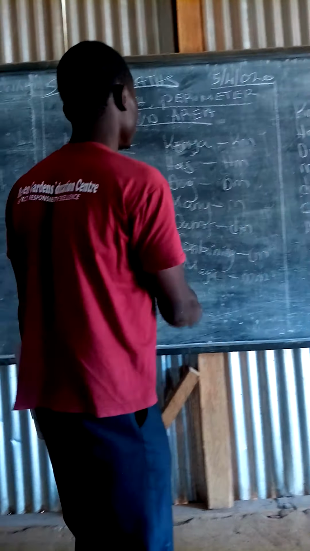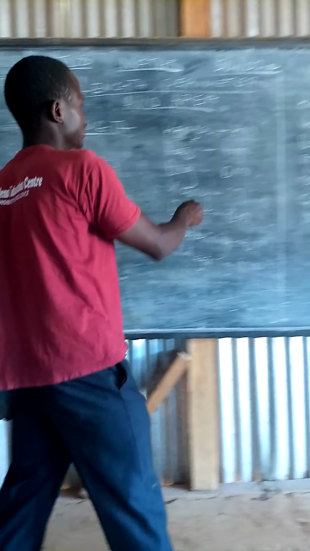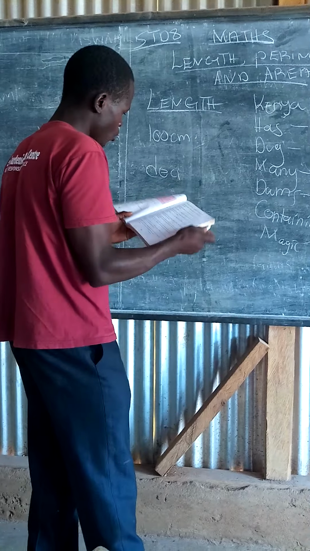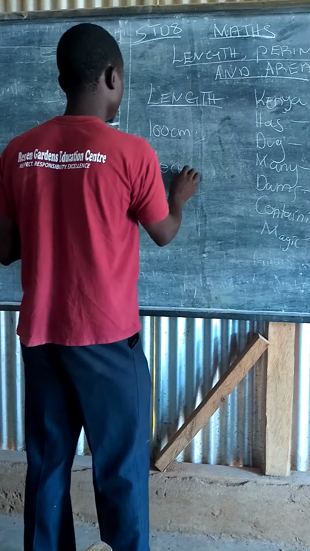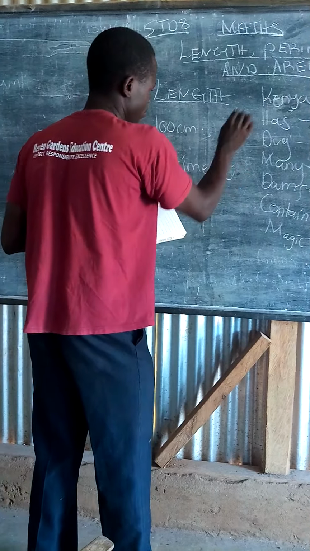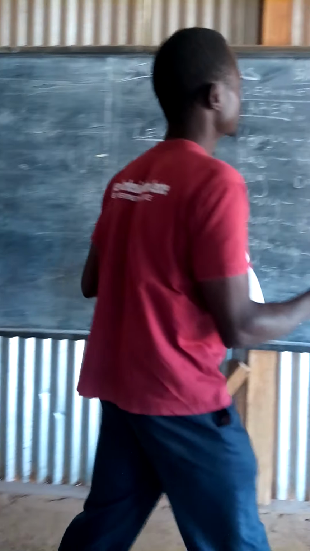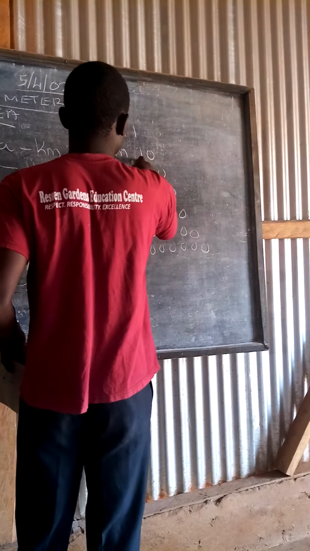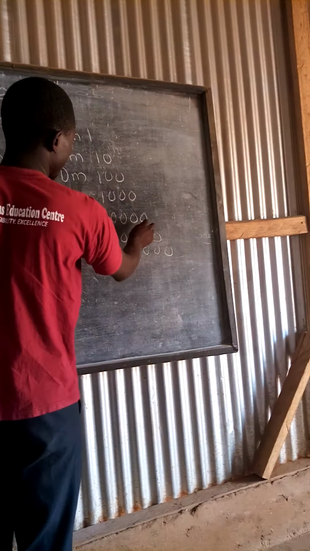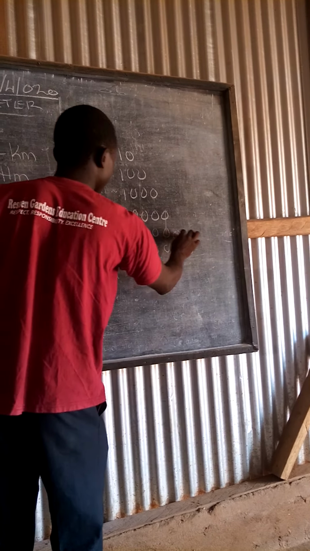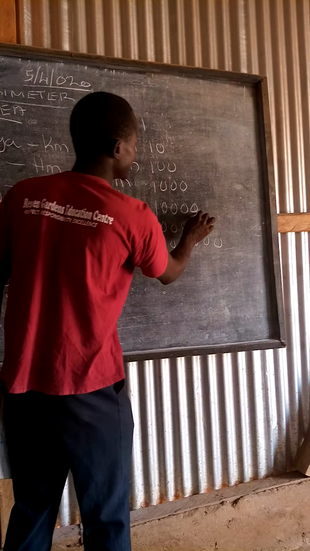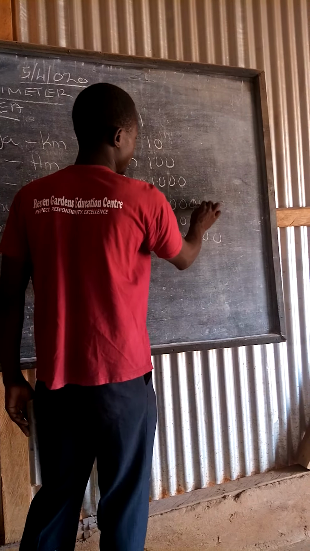For example, 100 centimeters into decimeter. We look at where 100 is, where centimeters is, and where decimeters is. Here, you draw your line this way. This will help you to know that you replace where the last zero is with 1.